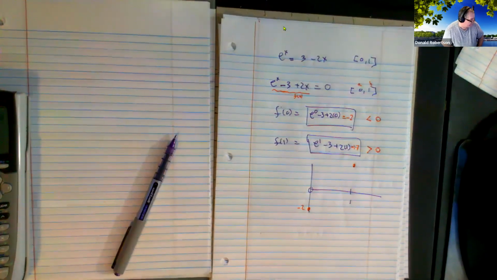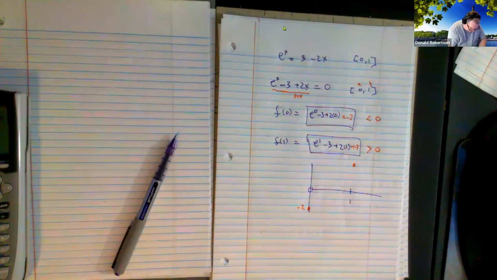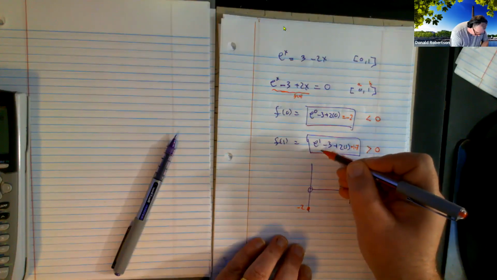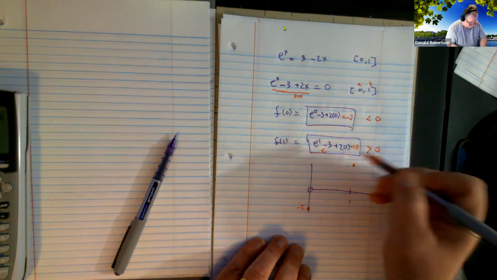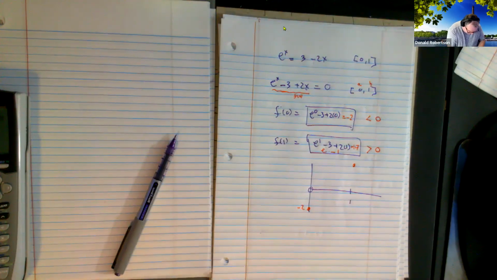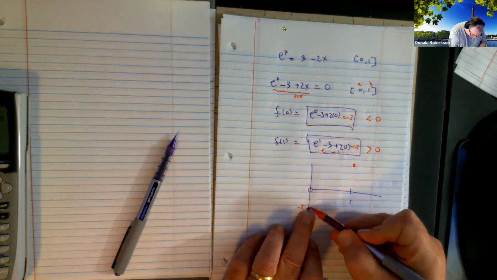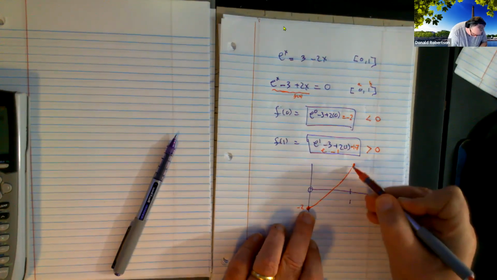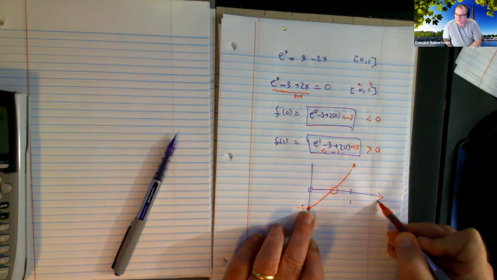And what the intermediate value theorem says is, oh, by the way, I put 1.7. They're just calling it e minus 1, which is the same thing, right? Since this function is continuous, would you agree that there's no way in the world it can go from here to here without crossing the x-axis?